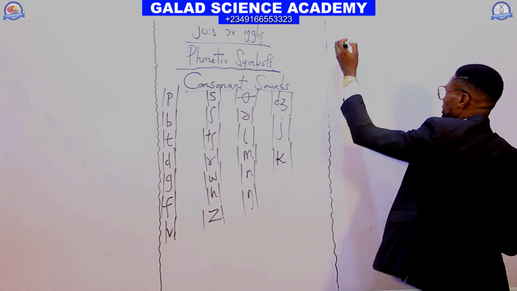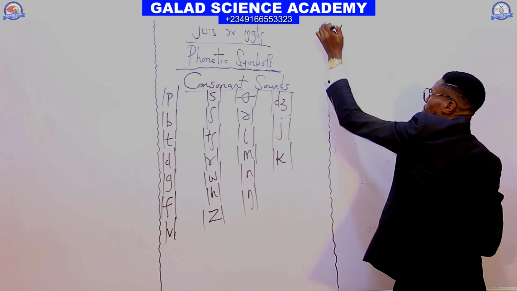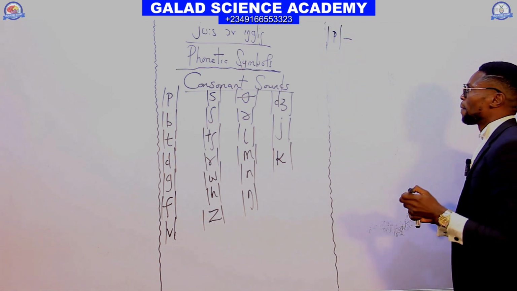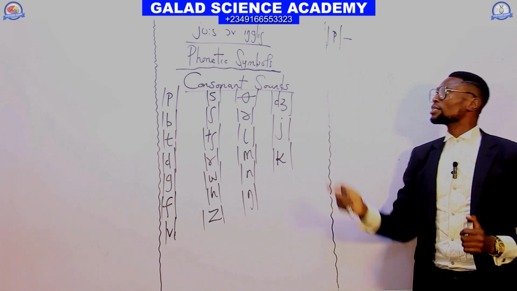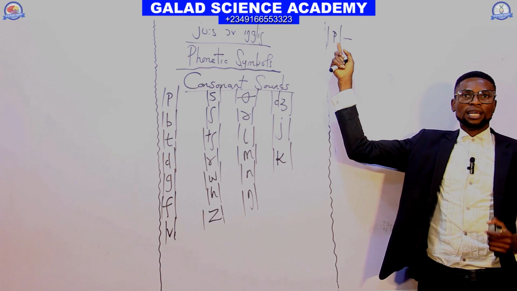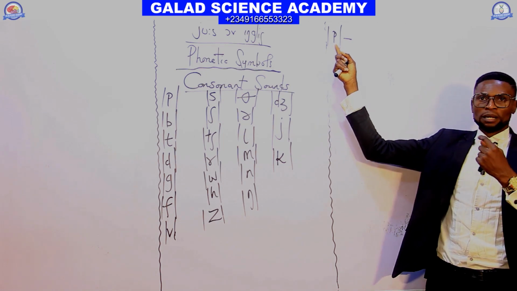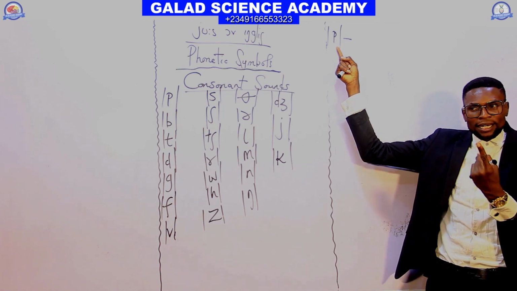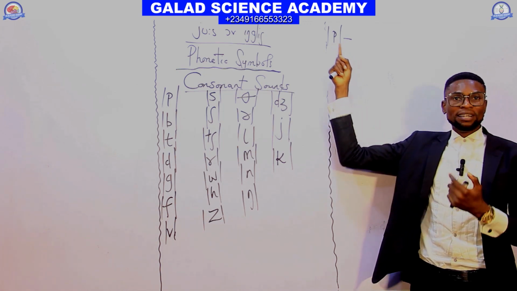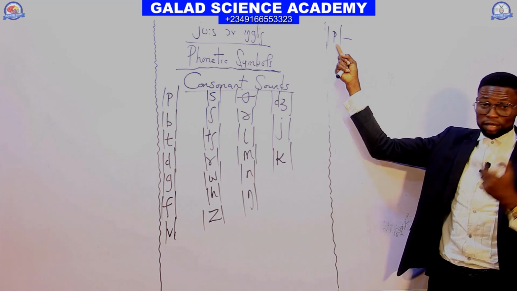Let me just take this sound. Of course, if I'm teaching the English students, I will call this plosive, it is bilabial, and there is a sudden release of air, that is plosive.